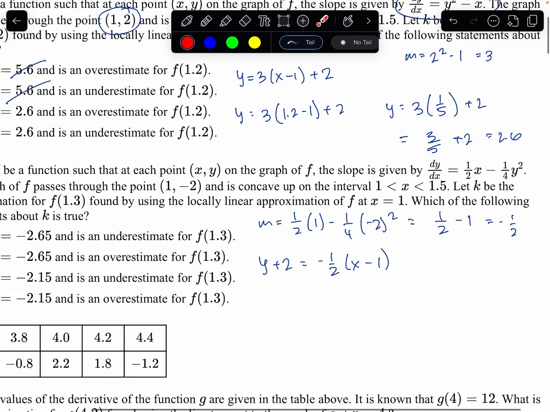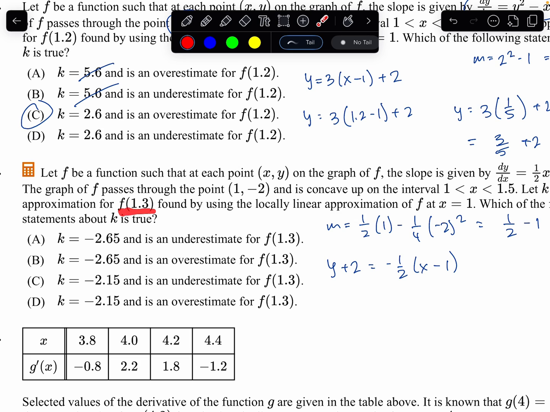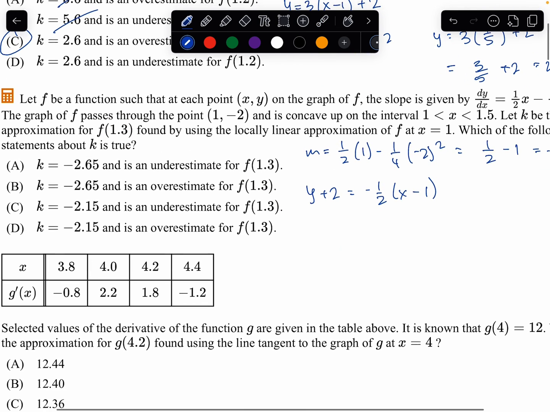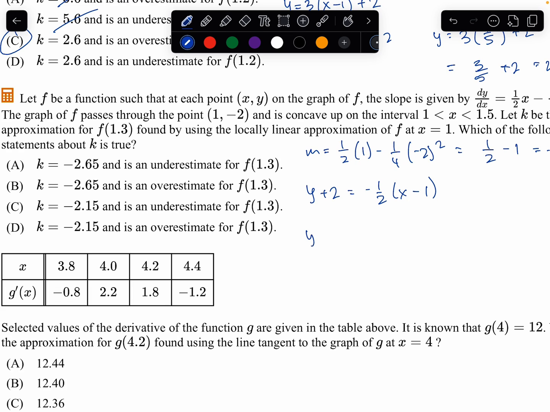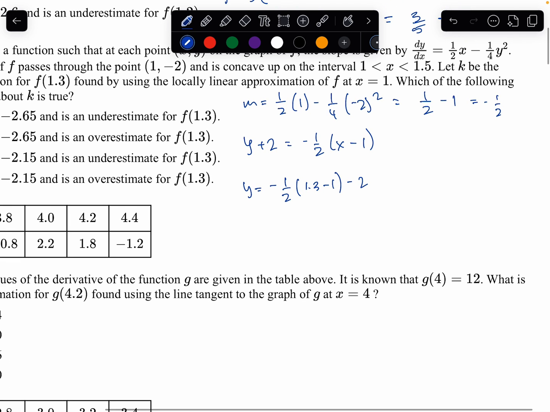And it looks like we're trying to approximate the function at 1.3. So we're going to plug 1.3 into our tangent line to approximate it. So we get y is equal to -1/2 times 1.3 minus 1 minus 2. So we get y is equal to -1/2, now that's 0.3, so that's going to be 3/10, minus 2.